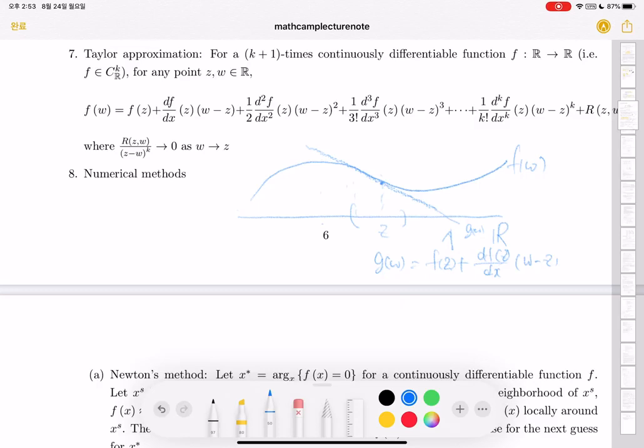You can think of a quadratic function like this. Then in this vicinity, this quadratic function is a good approximation.